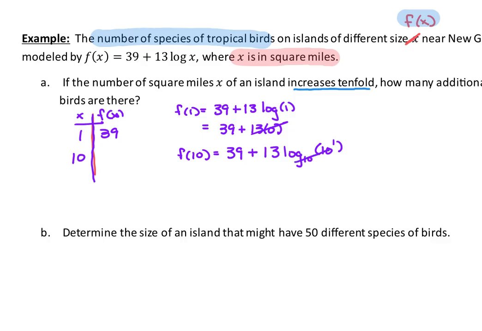What we get is our log and our 10 cancel, and we are left with 1. And so this becomes 39 plus 13 times 1. And what we end up with is 39 plus 13, which is 52.